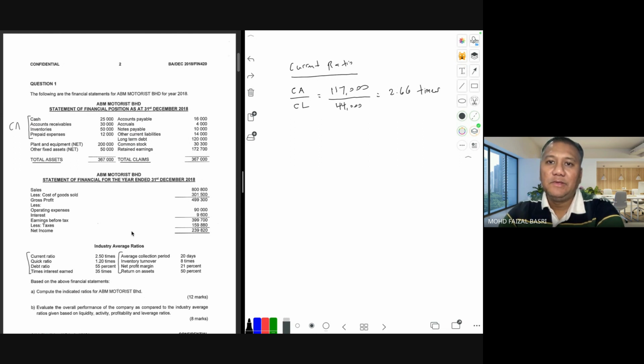Okay, that's how we answer lah. Tulis okay lah, katalah saya tulis dia punya jawapan. ABM Mortuaries Berhad has better current ratio. Ni kalau nak analyze current ratio. has better current ratio as compared to the industry average.